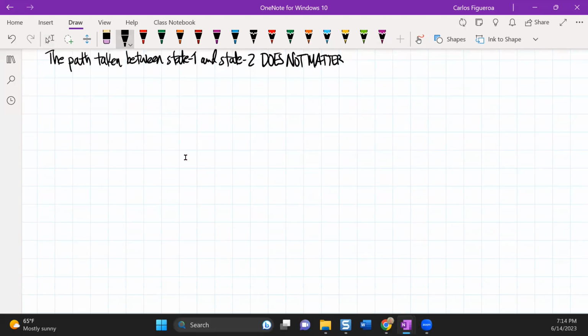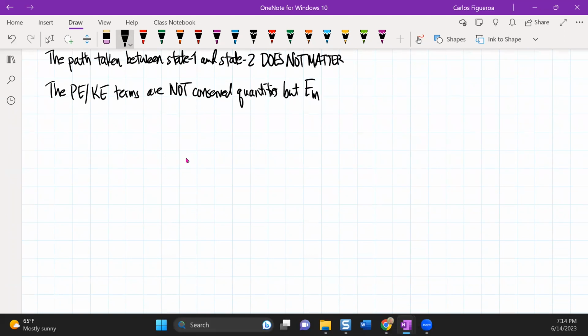So what this means here is that we say that the potential and kinetic energy terms are not conserved quantities, but E mechanical is.